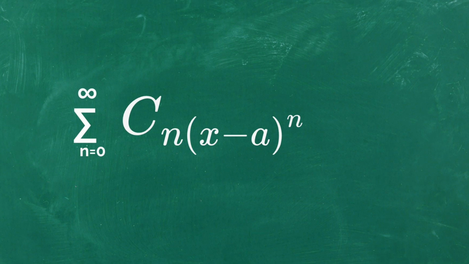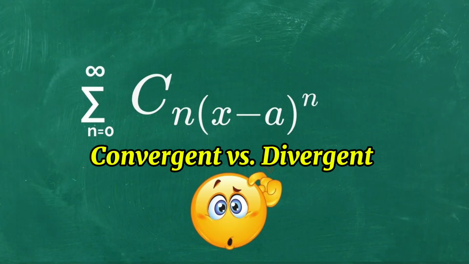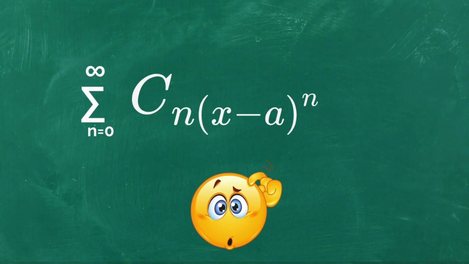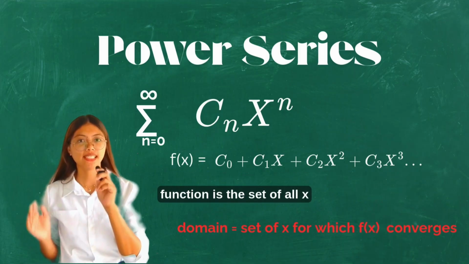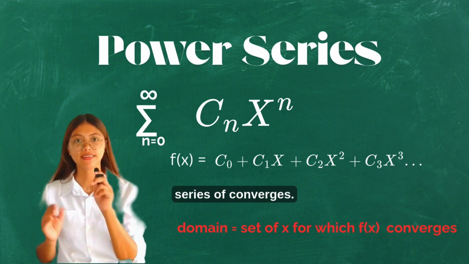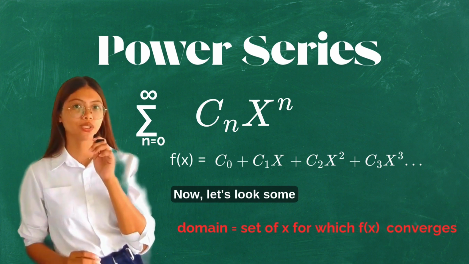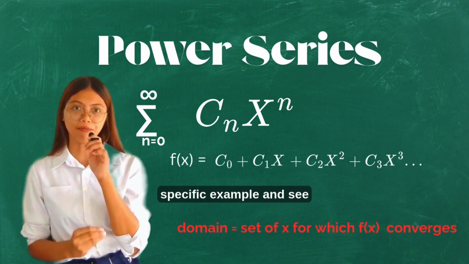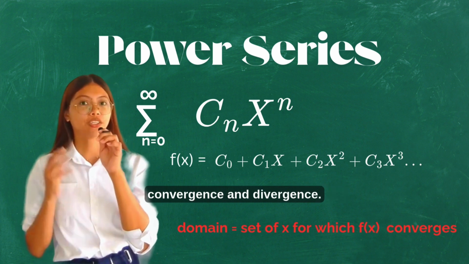How can we assess whether this kind of power series is convergent or divergent? Let's use the ratio test. The domain of this function is the set of all x values for which this series converges. Now, let's look at some specific examples and see what we can determine regarding the convergence and divergence.